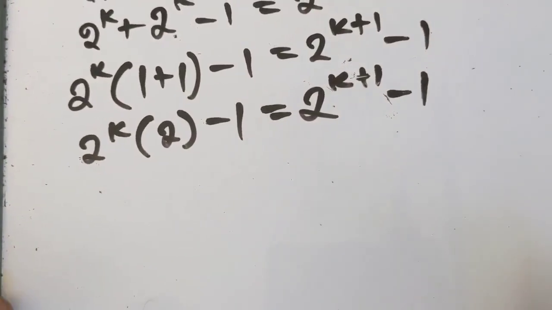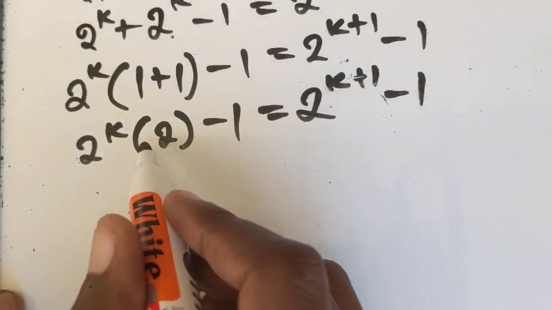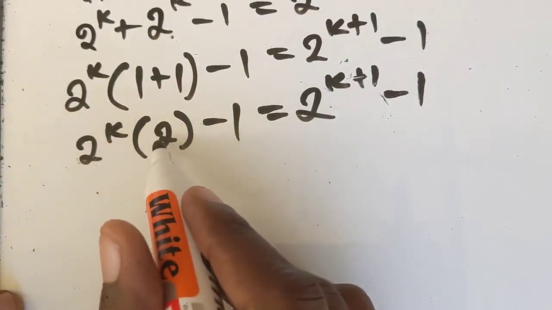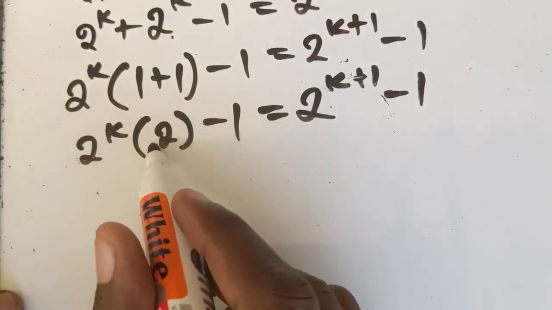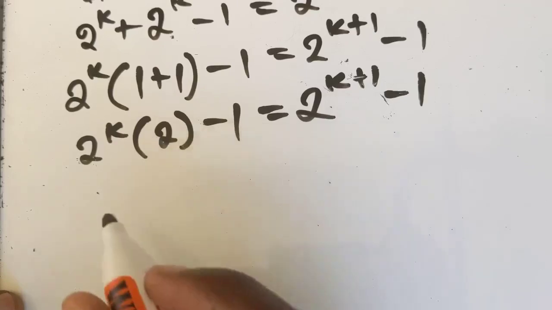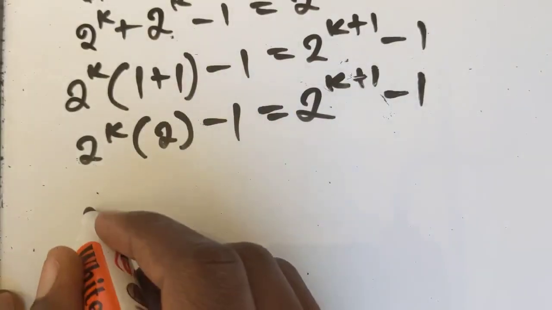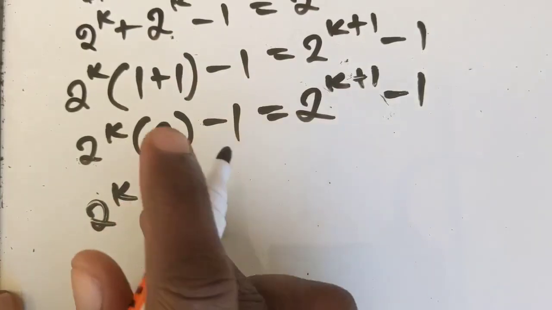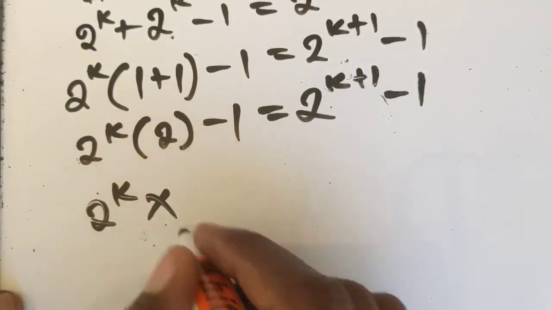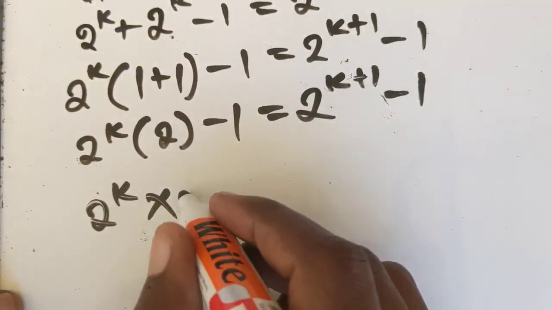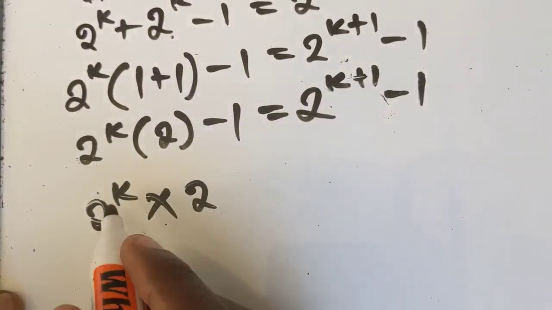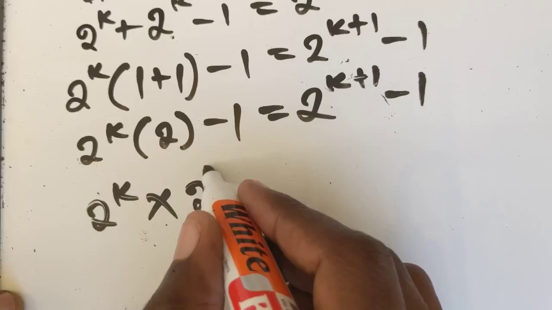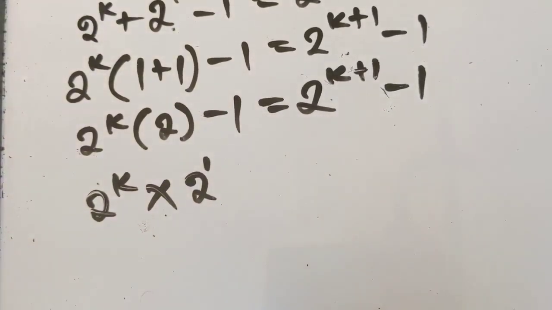Okay, so now when you reach here, this is just the same as 2 to the power k multiplying by 2. So this is 2 to the power k, and this one is just the same as 2 to the power 1.